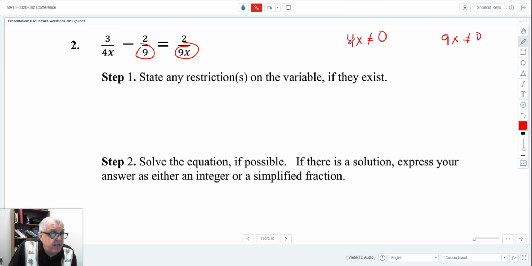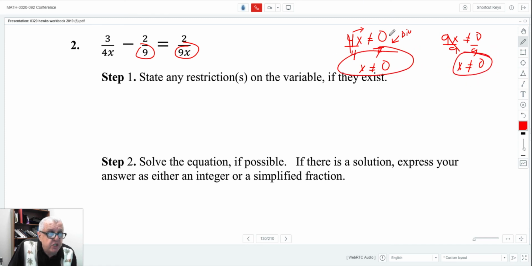Solving for x, I get the 4 to the other side. It's 4 times x, so I'm going to divide both sides by 4. 4 divided by 4 is 1x, and 0 divided by 4 is 0. Same here: 0 divided by 9 is 0.